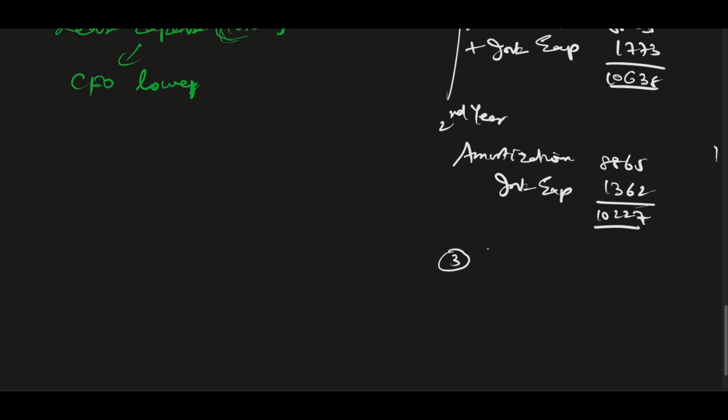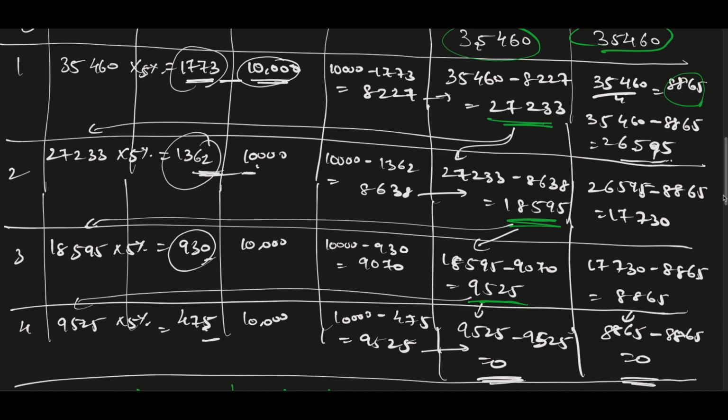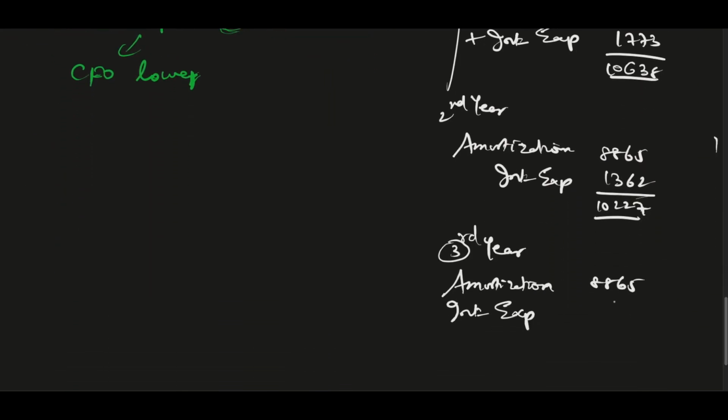And in the third year, amortization is 8865, and interest expense for the third year is 930. So the total comes to 9795.